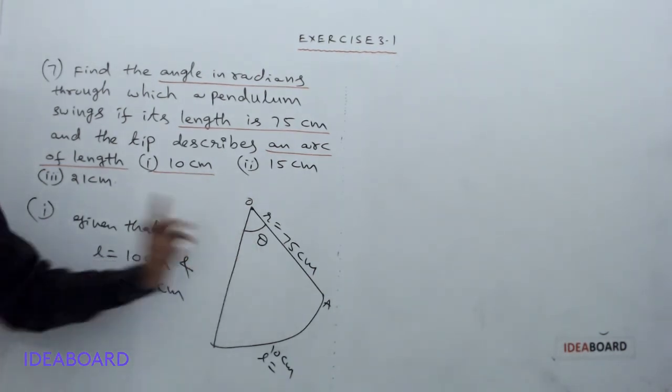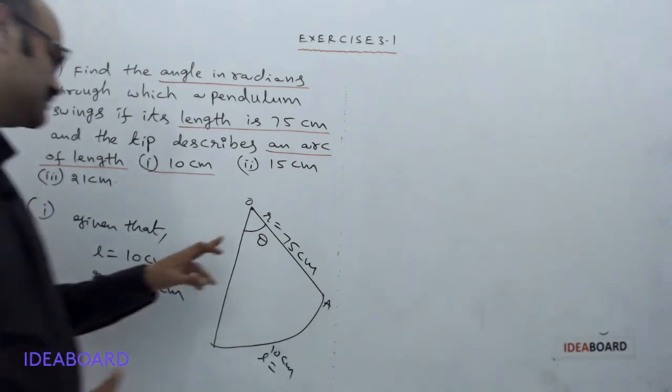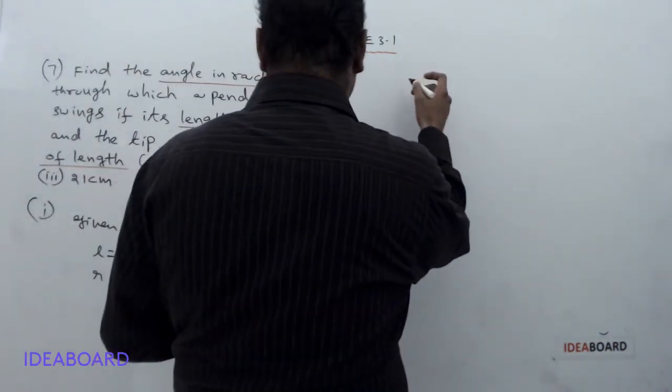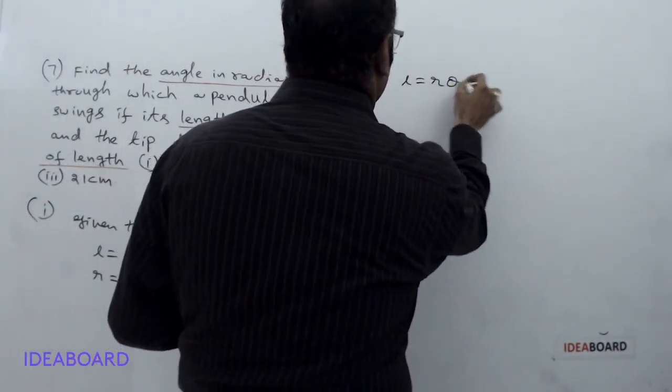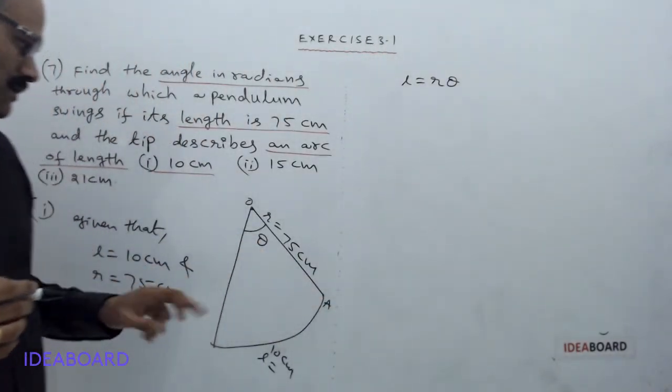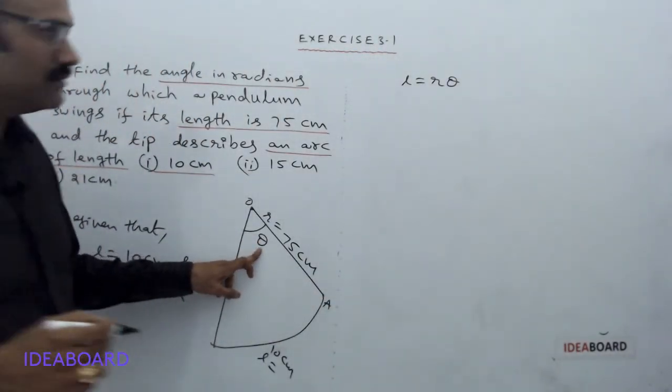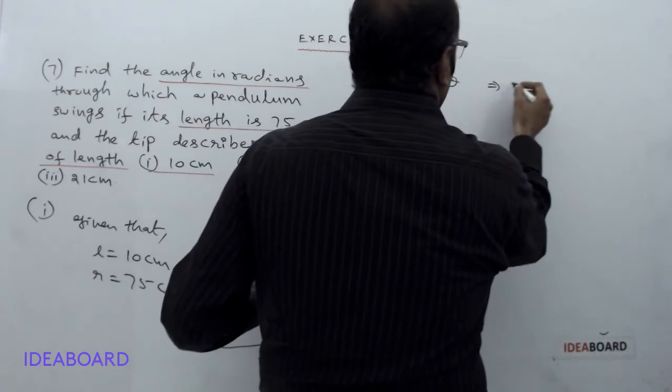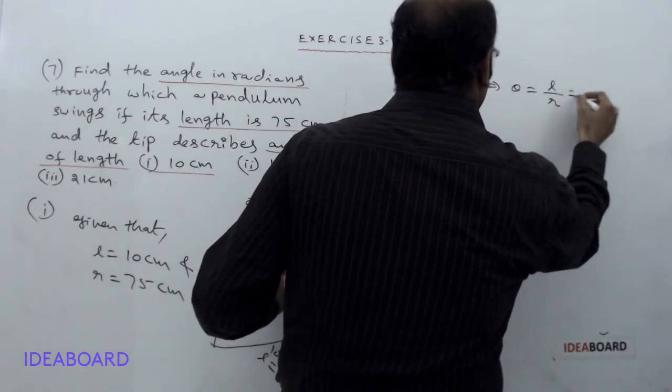Now here we have to find theta in radians. So L equal to R into theta. Since we have to find theta, theta equal to L by R.